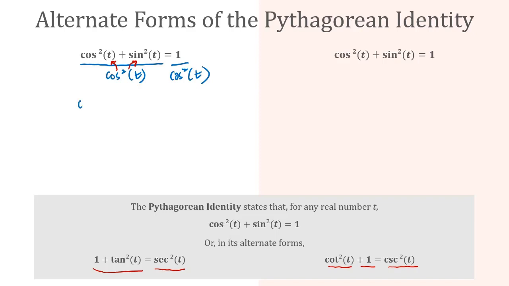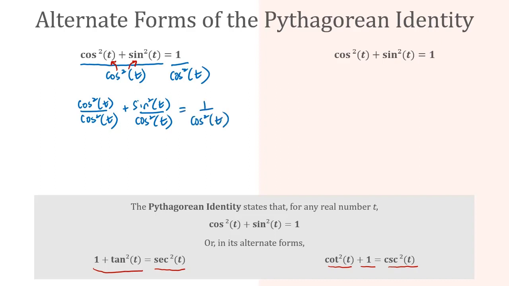So I get cosine squared t divided by cosine squared t plus sine squared t over cosine squared t is equal to 1 over cosine squared t.